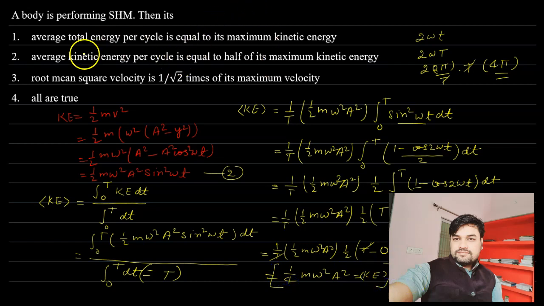Now here it is given that the average kinetic energy per cycle equals half of its maximum kinetic energy.